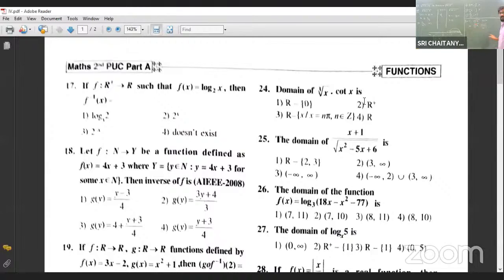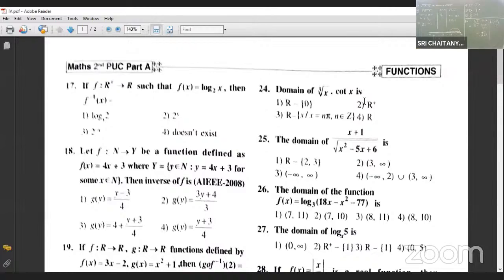This function is defined if and only if sin x should not be equal to 0, which means x should not be equal to n pi. So just observe the options. I think the answer should be the third option, R minus the set of x such that x is equal to n pi. You can also write that as R minus n pi. So that is the method of doing the 24th problem.